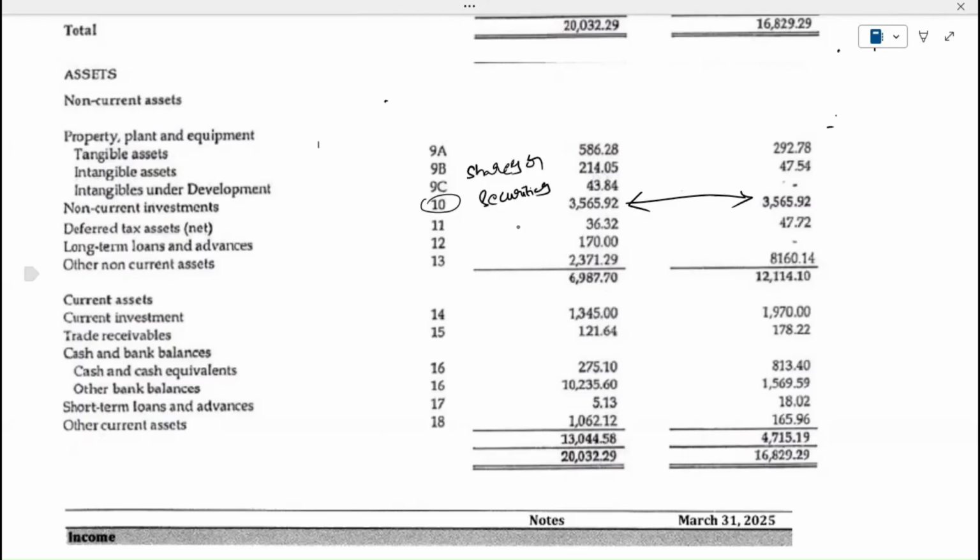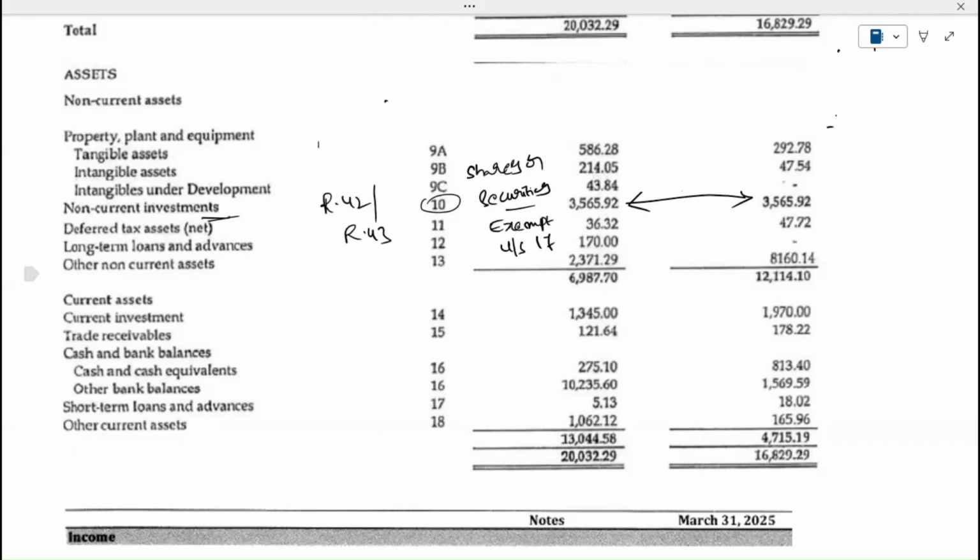Whenever there's an investment in securities, the sale of securities is considered as exempt supply under section 17. 1% of the sale value is considered as your consideration. So for the purpose of rule 42 or rule 43, they would be calling for this non-current investment.